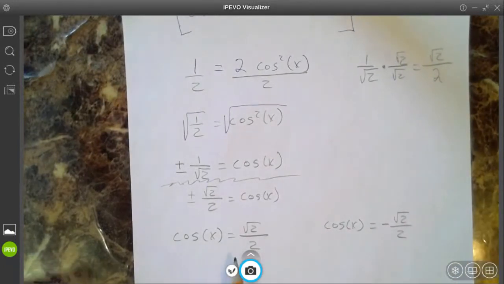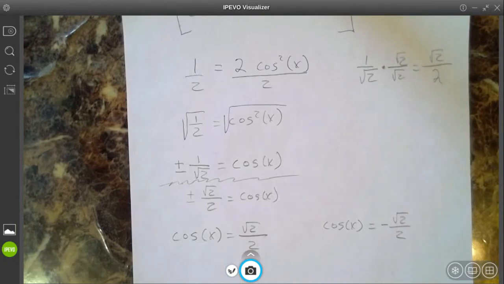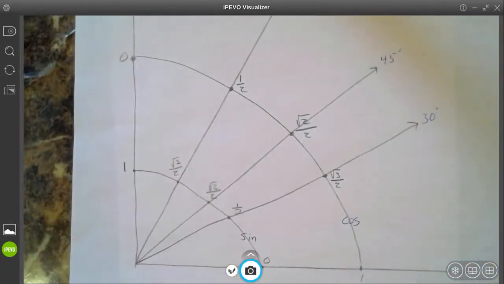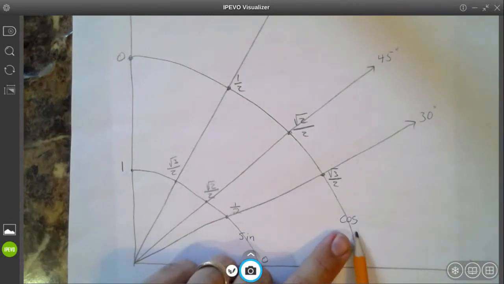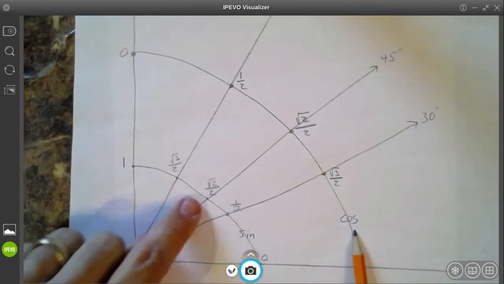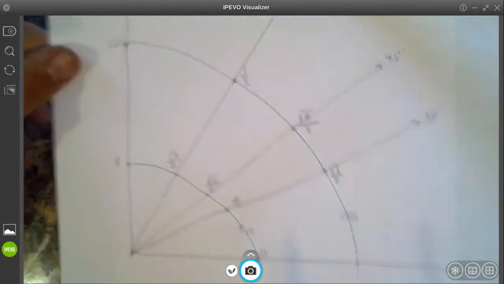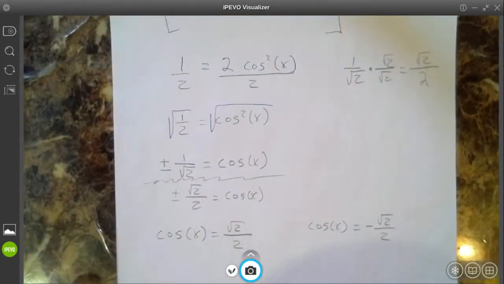So where does cosine of x equal square root of 2 over 2? That's the easy one, the one we should all remember. Cosine and sine both equal root 2 over 2 at the 45-degree angle mark, or pi over 4.